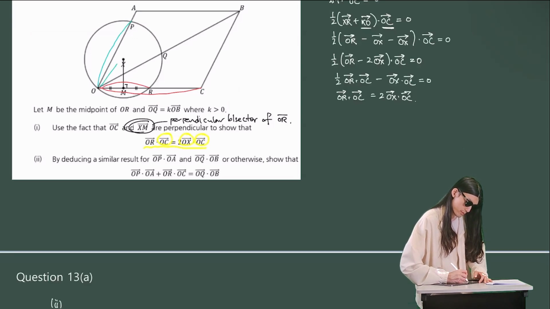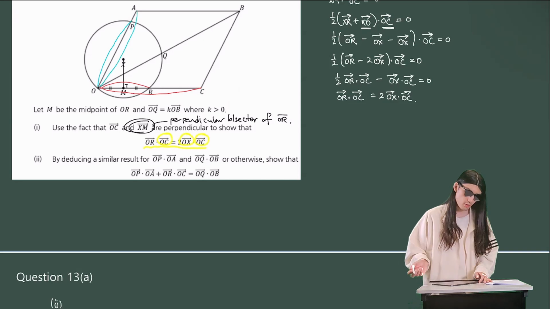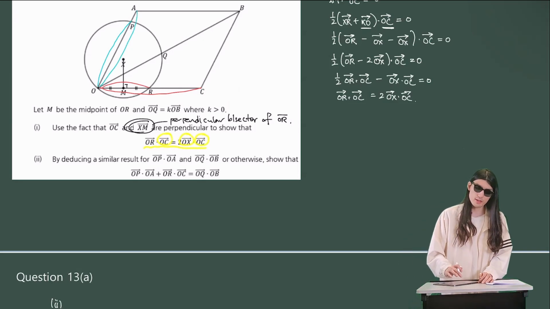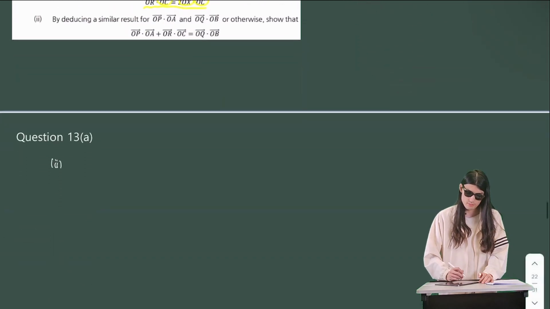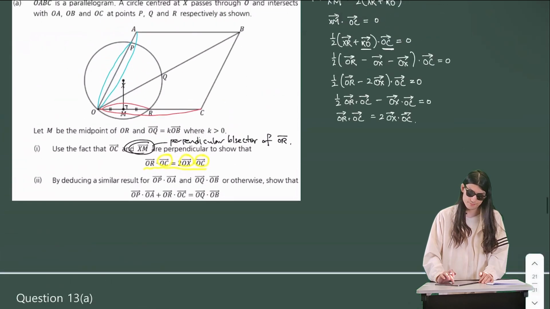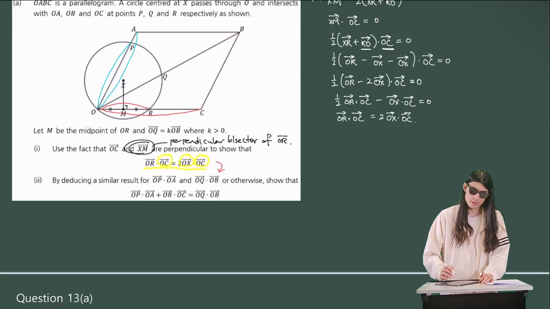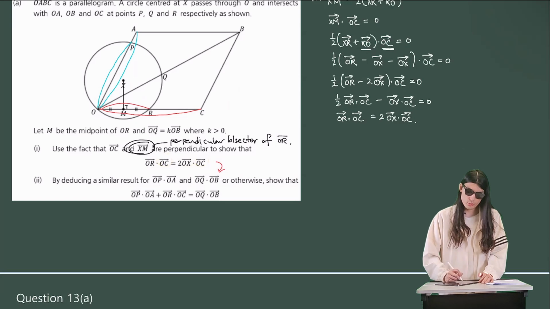OP dot OA, which is the other side of the parallelogram over here, is 2 times OX dot OA, because you can see that going from the first part to the second part, OR is replaced by OP and OC is replaced by OA, isn't it?